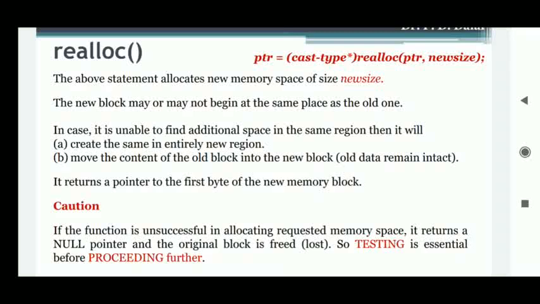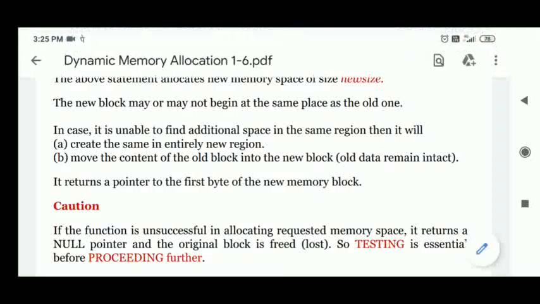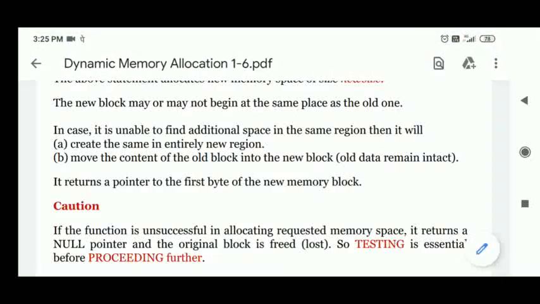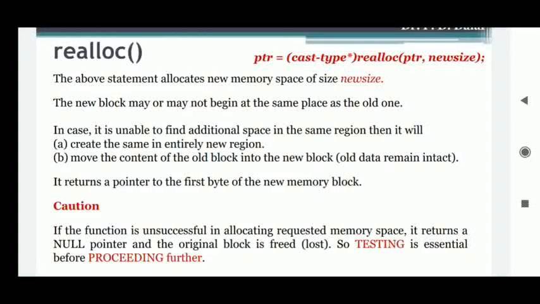So in case it is unable to find additional space in the same region, then it will create an entire new region somewhere else and move the content of the old block into the new block. Old data will remain intact, meaning it will copy the old data from the old position to the new position. It returns a pointer to the first byte of the new memory block, same as malloc and calloc.